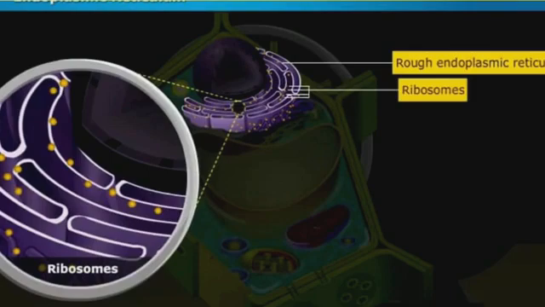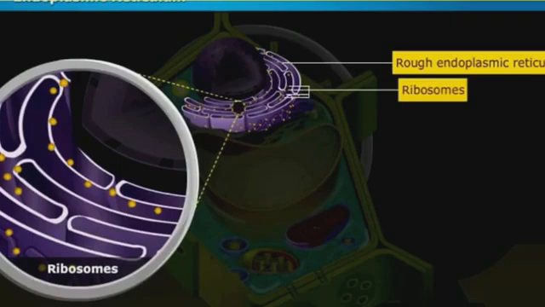The main function of rough endoplasmic reticulum is protein synthesis.